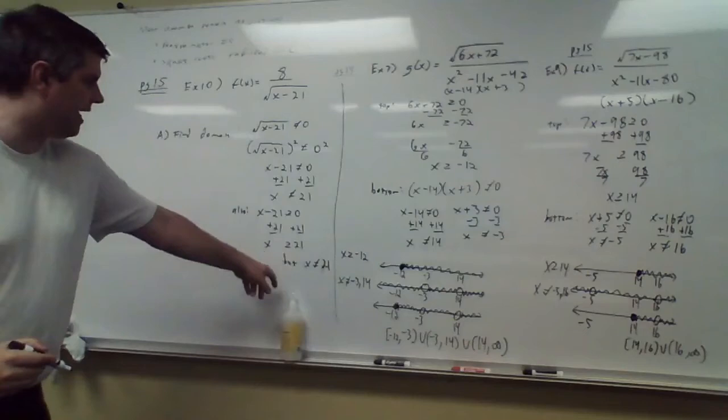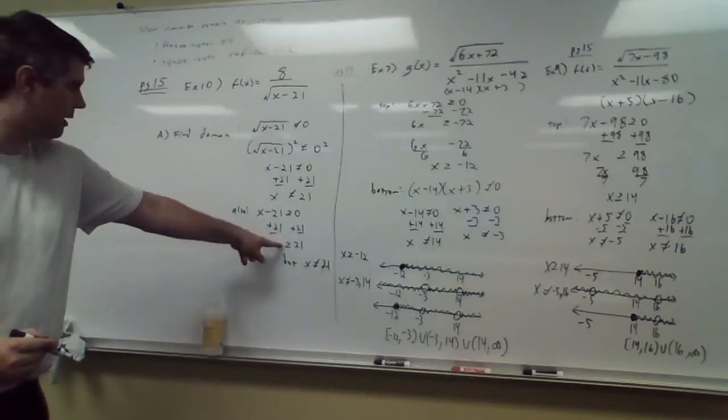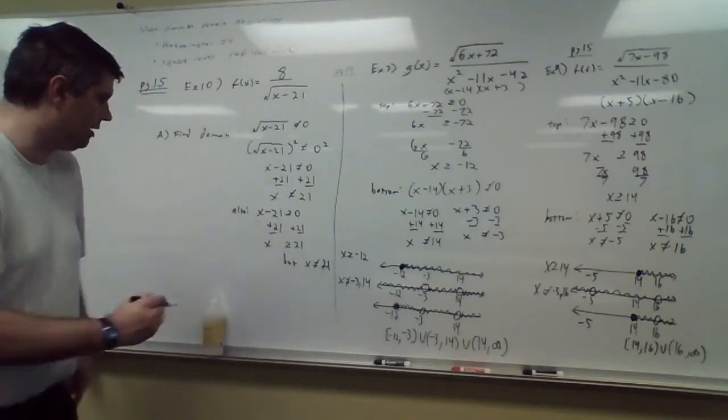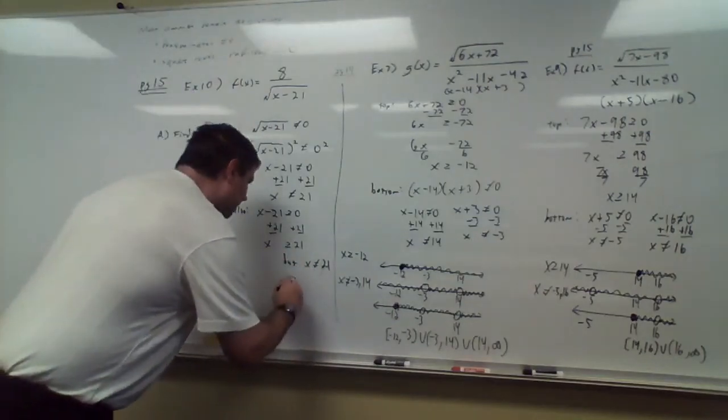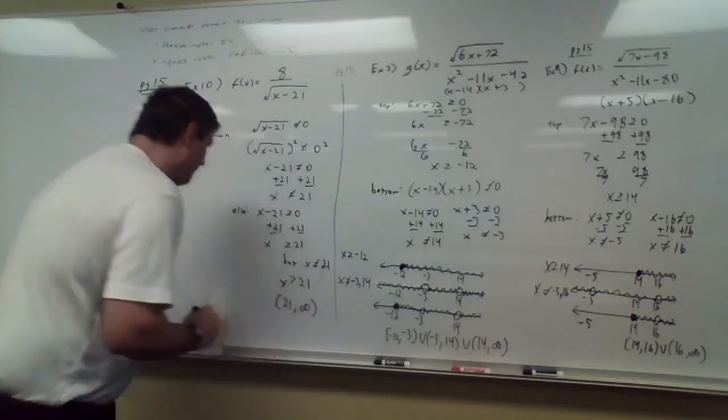Okay? So if this says x has to be greater than or equal to 21, but it can't equal 21, then that means x has to be strictly greater than 21. 21 to infinity.